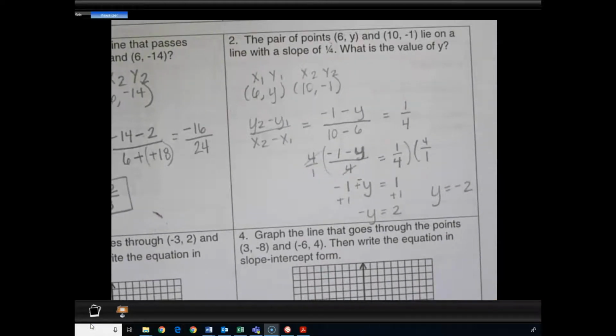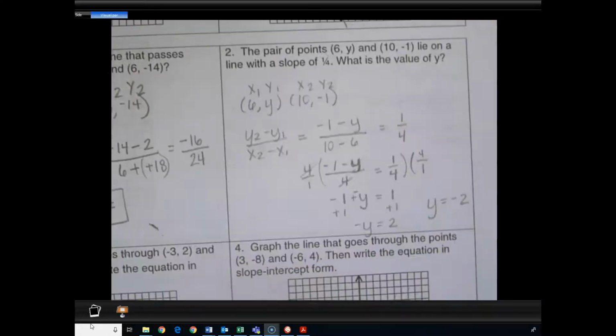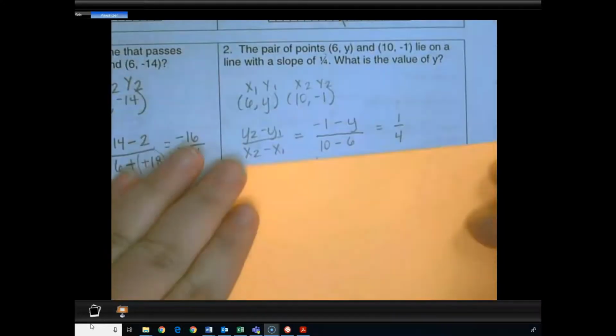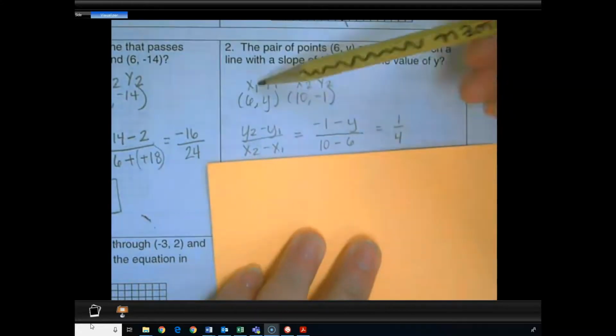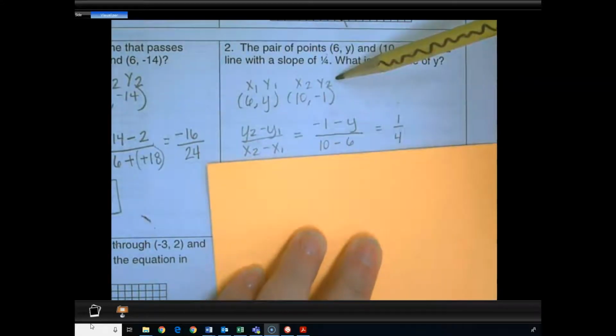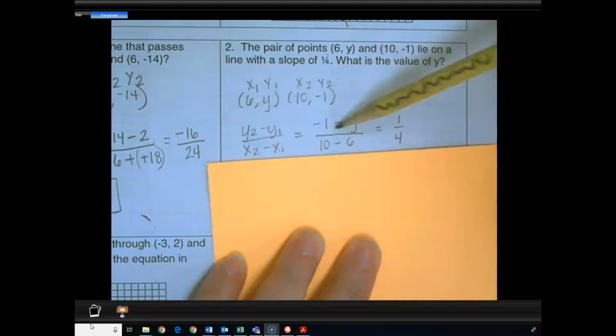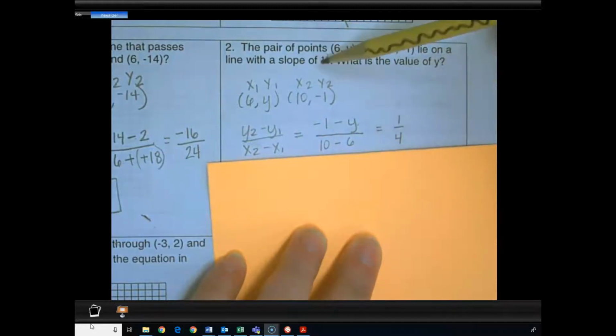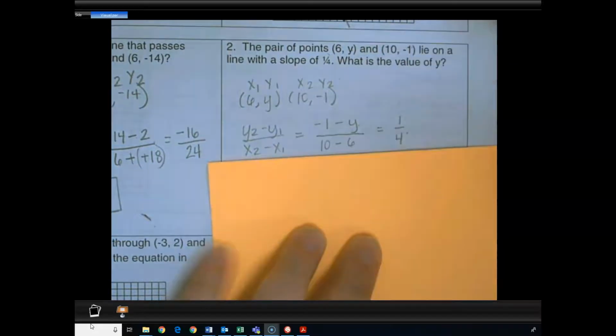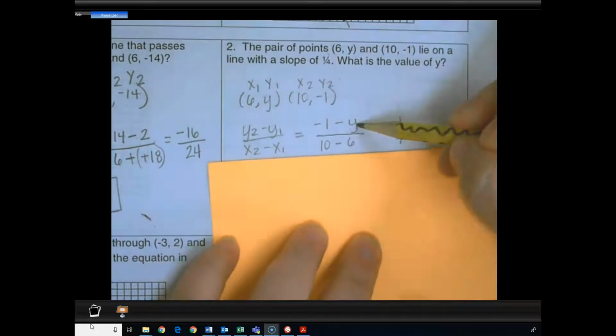Okay, so to recap that, because I know we haven't looked at one like this, I'm going to use the index card. I started off with my 2 points, labeled x, y, x, y. I used my formula and plugged it in, but I kept it as a y. I know this is going to give me my slope, and I know 1/4 is my slope. From there, I said I need to solve for y.